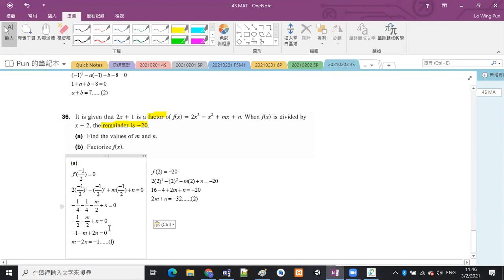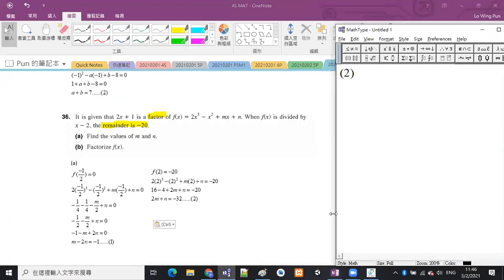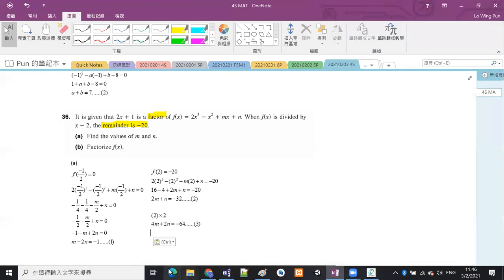This time we cannot just add the two equations together or subtract to cancel out any one unknown. We need to multiply first. So equation 2 is multiplied by 2 to get 4m plus 2n equals negative 64. Call this equation 3, because I want to cancel out the n terms.